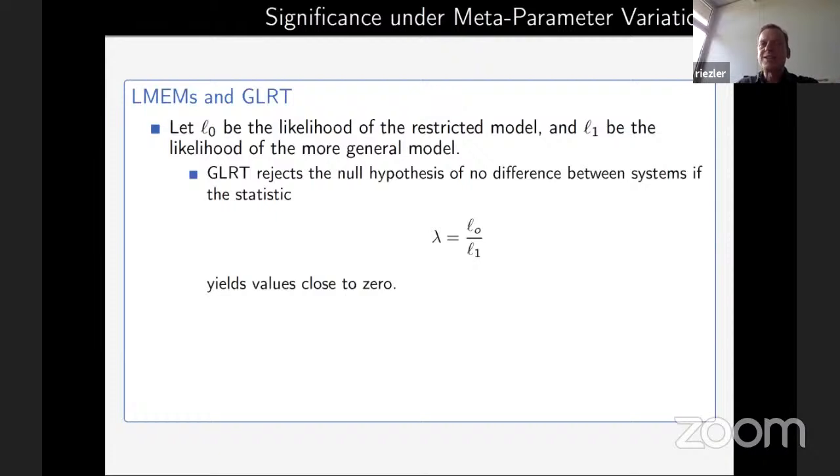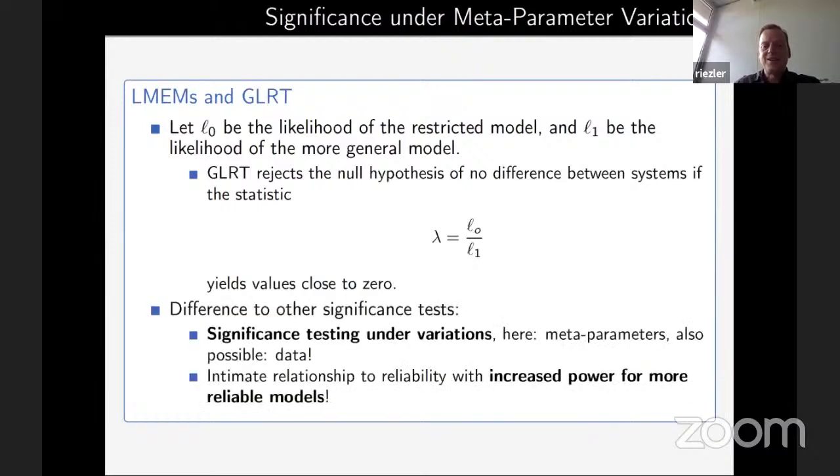It's implemented in most LMEM packages on the side. So if you do LMEMs or other model-based approaches for reliability analysis, you get for free on the side a significance test that allows you to include variations. And the power of the test will be increased for more reliable models.